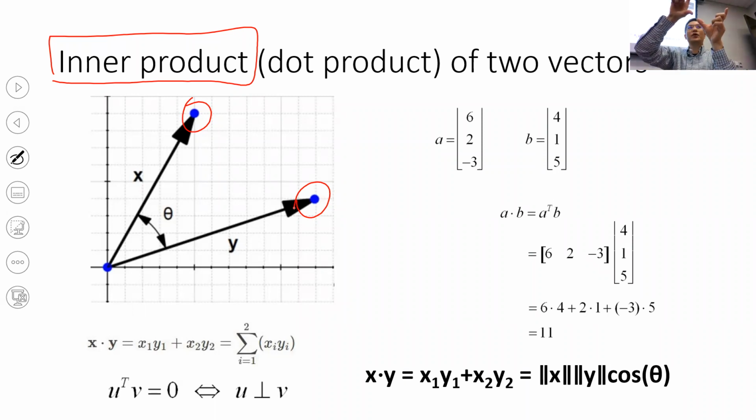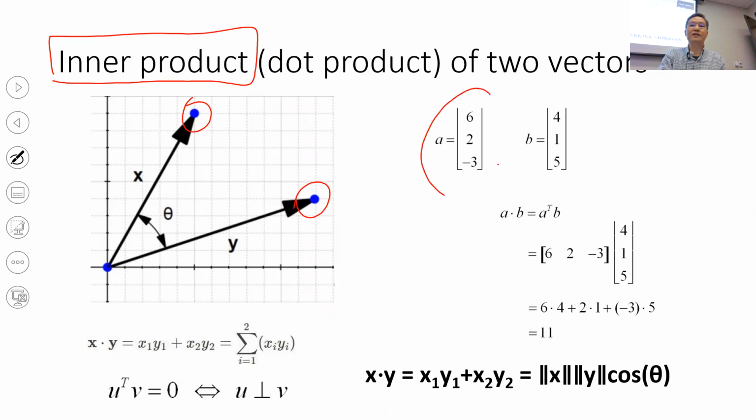You have to transpose one of the vectors, because right now the vector is column based, you have to transpose one in order to do the multiplication. There are two ways to transpose: you transpose this, or you transpose that first. At the end, the inner product is to transpose, and then you will get a scalar.